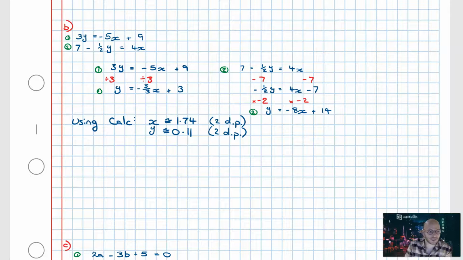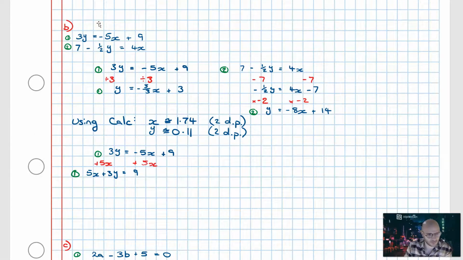The next method we can use is the equation solver. So we need to rearrange both of these equations in terms of general form. So we're going to go 3y equals minus 5x plus 9. Then we have to move the x's to the left-hand side, so we'll add 5x to both sides. So it becomes 5x plus 3y equals 9.